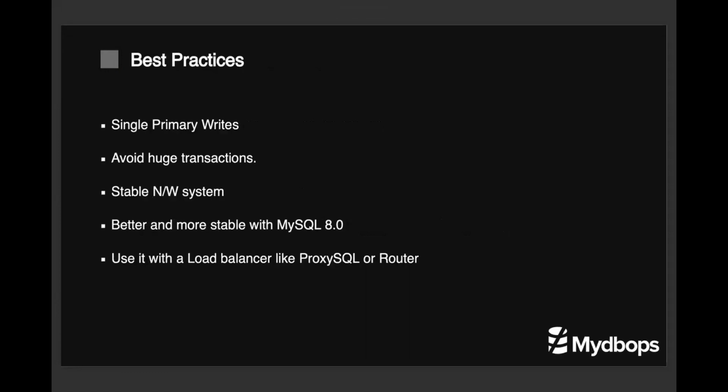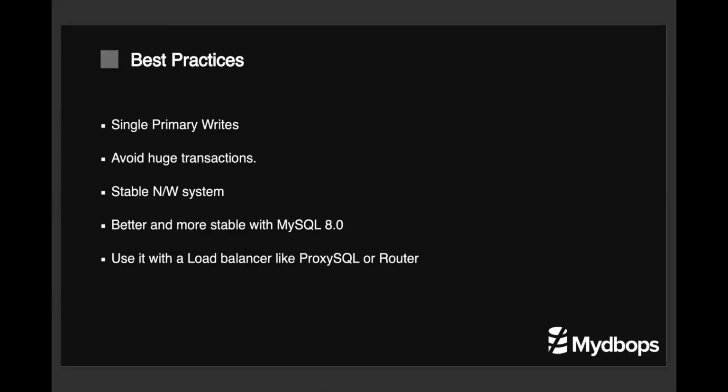Okay, so let's come to the last slide. Best practices: though it claims that multi-primary is supported, it's good to have single primary in most cases. But if you're sure of your application, if you have isolated the writes so that there will be no write conflicts from the application, then you can go to multi-writer mode.